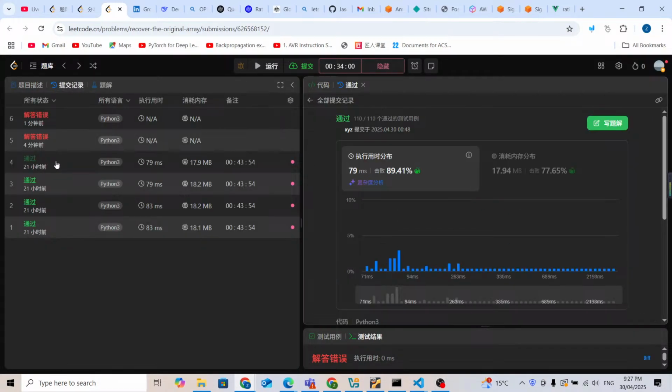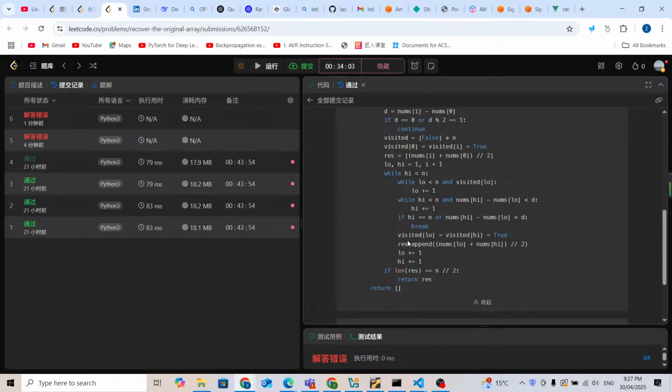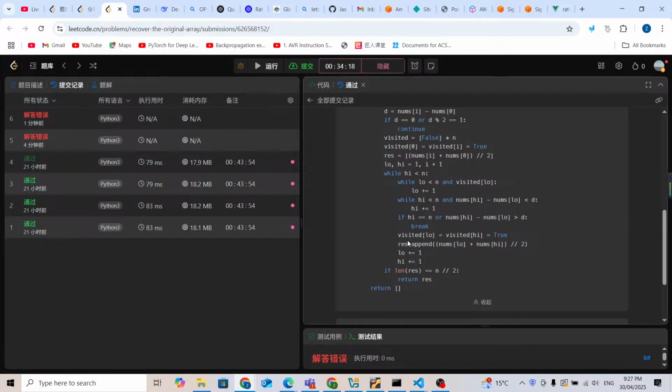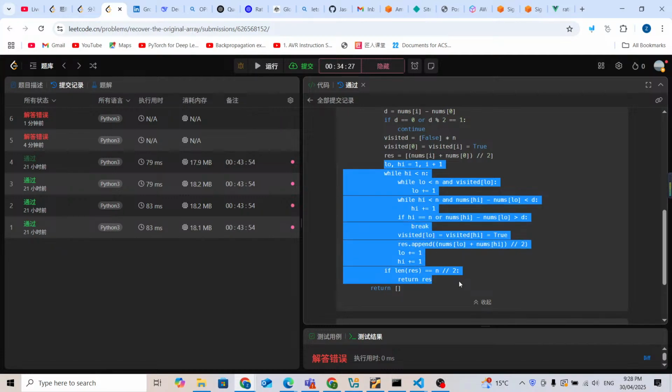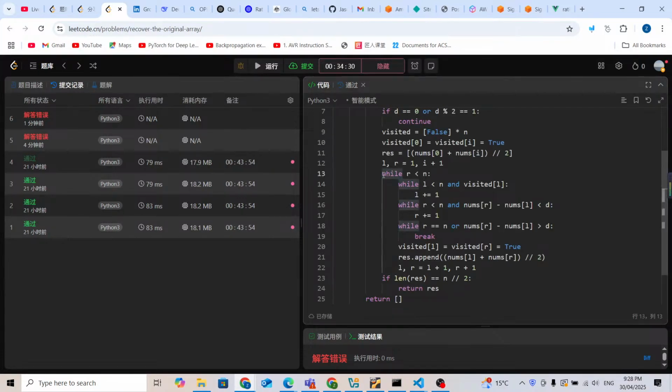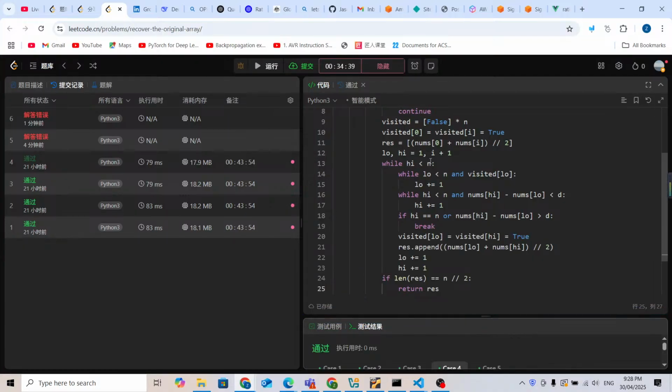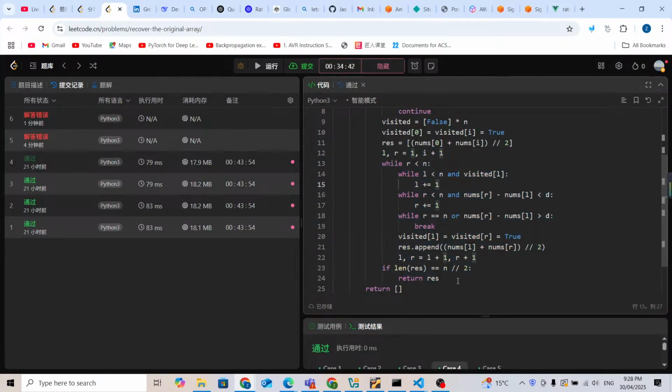Let me check my submissions. Why? Maybe copy that code. I don't know. It seems I made a mistake around these areas, but I don't know which one.